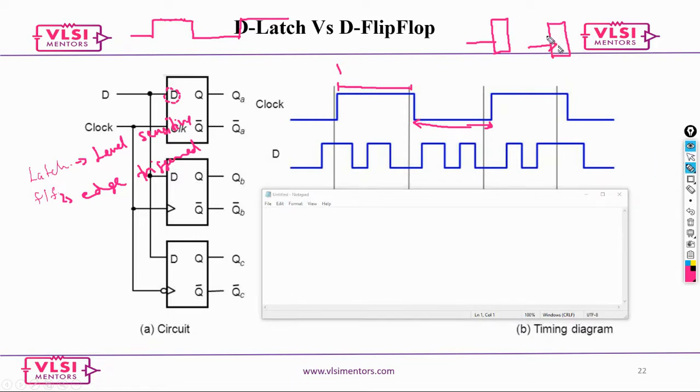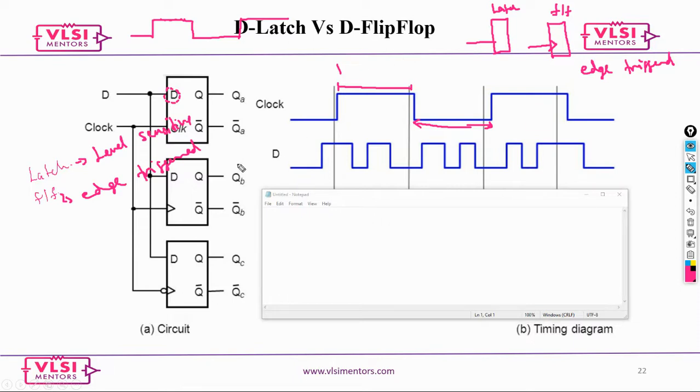This case is purely a latch, and this is what we call a flip flop. When you say flip flop, you should always have this triangle, which means it's edge triggered. Now this is a latch.